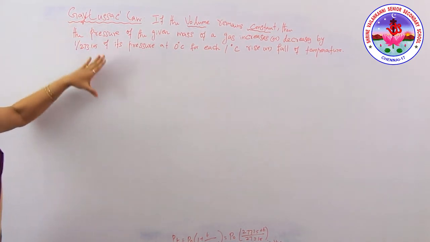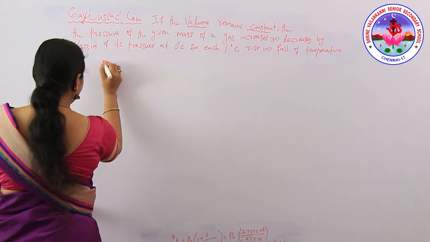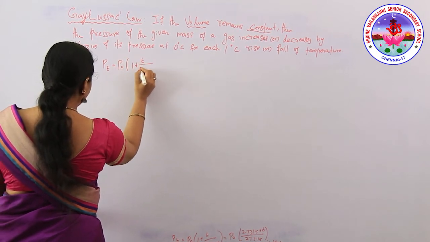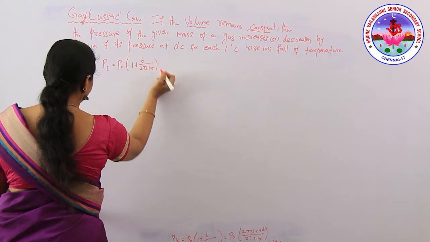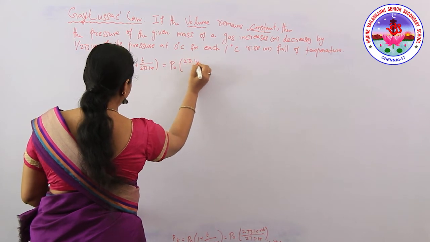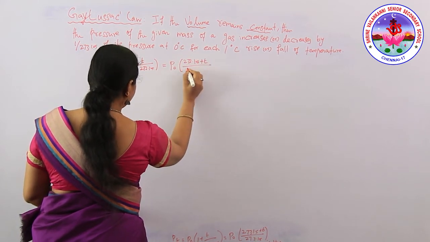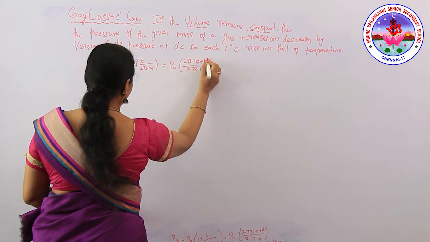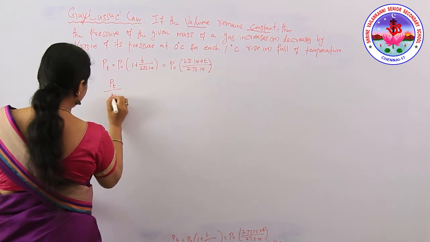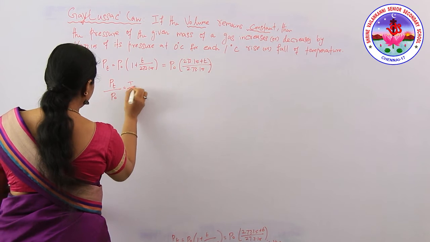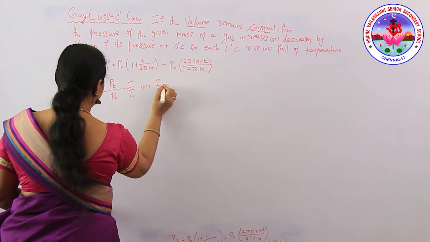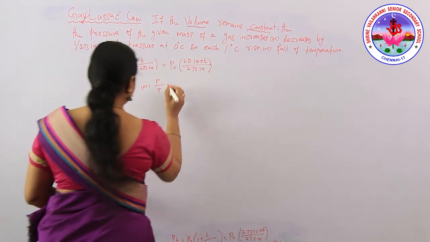Mathematically, Pt is equal to P naught into 1 plus t by 273.15, which is P naught times (273.15 plus t) divided by 273.15. We can write Pt by P naught is equal to T by T naught, or P by T is equal to constant.